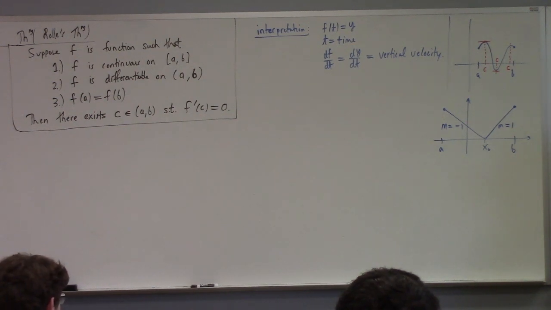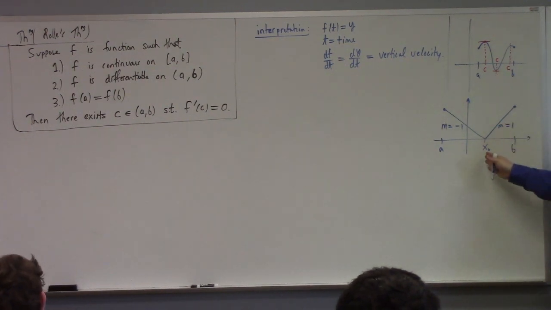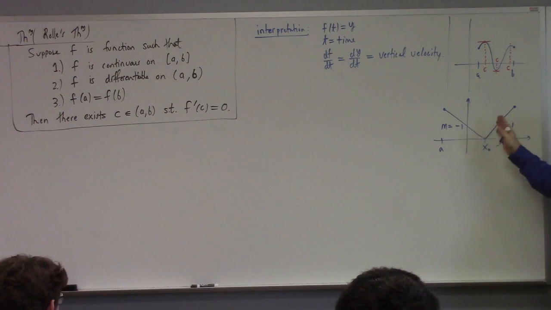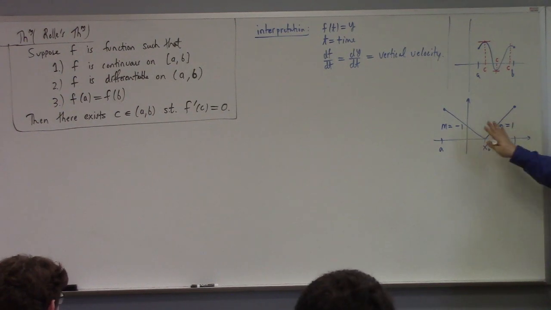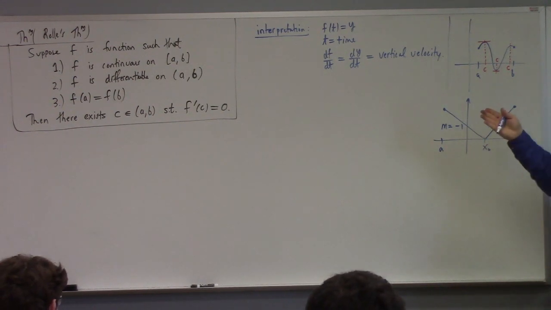It starts and ends at f of a equals f of b, but it doesn't satisfy Rolle's theorem because Rolle's theorem doesn't apply. This function has not met the terms and conditions for Rolle's theorem because the derivative at x0 does not exist. Consequently, Rolle's theorem doesn't apply. So there's no contradiction here. It's just out of bounds for the theorem.